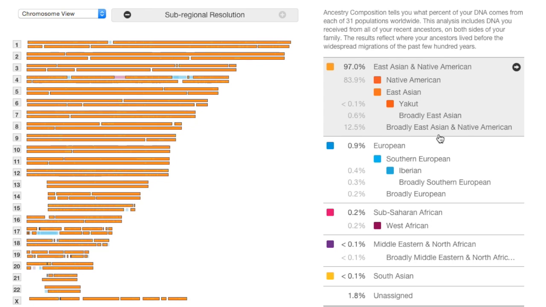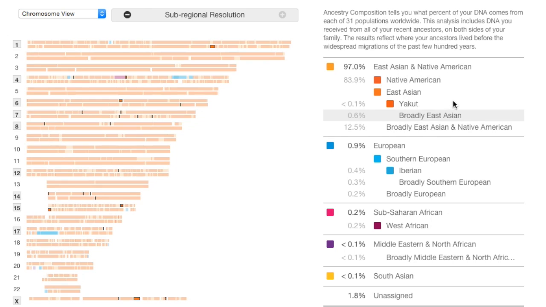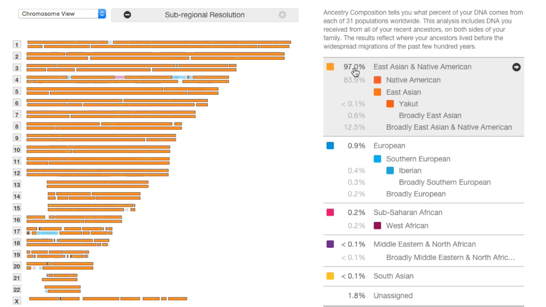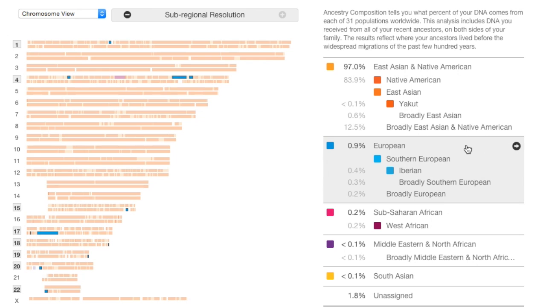But I know my father's history, that basically 97% is Native American. 0.9 is European, which is mostly Iberian at 0.4, and then he gets Southern European, which is 0.3, and 0.2. It adds up to 0.9 European.